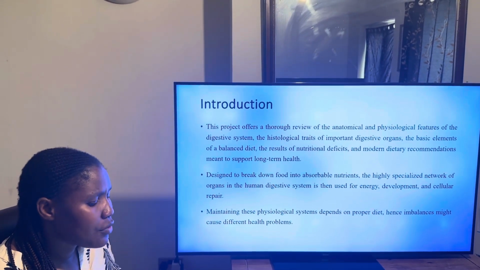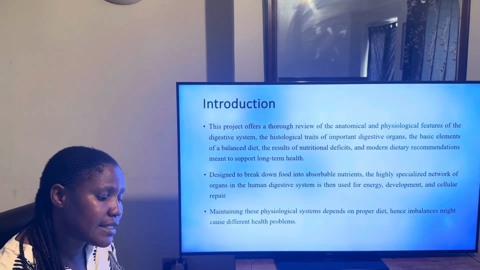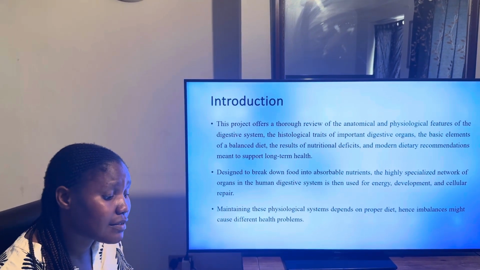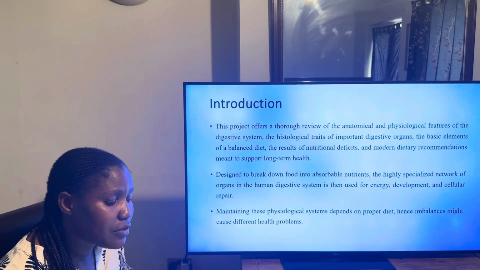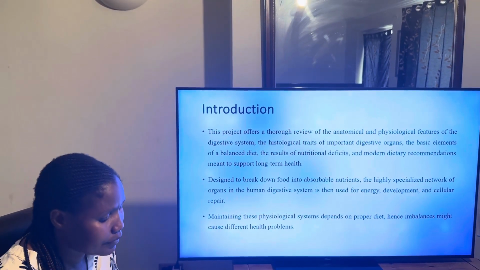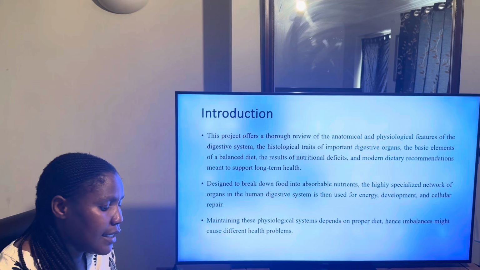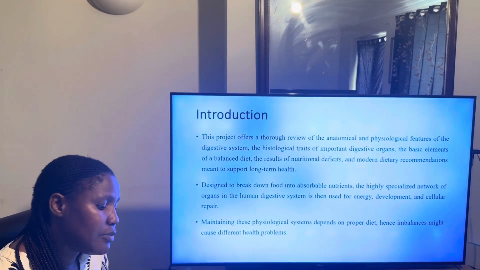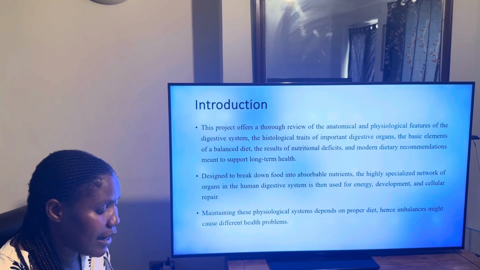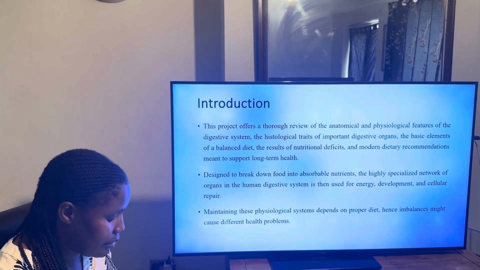Designed to break down food into absorbable nutrients, the highly specialized network of organs in the human digestive system is then used for energy, development, and cellular repair. Maintaining these physiological systems depends on the proper diet, hence imbalances might cause different health problems.